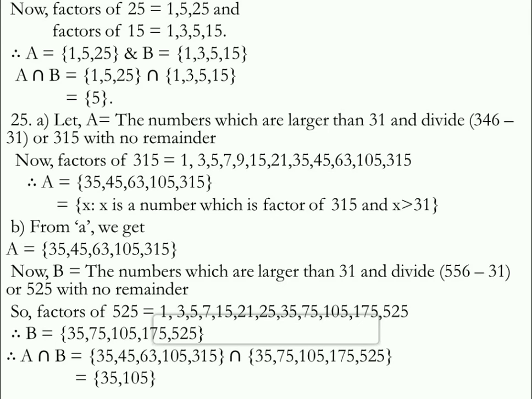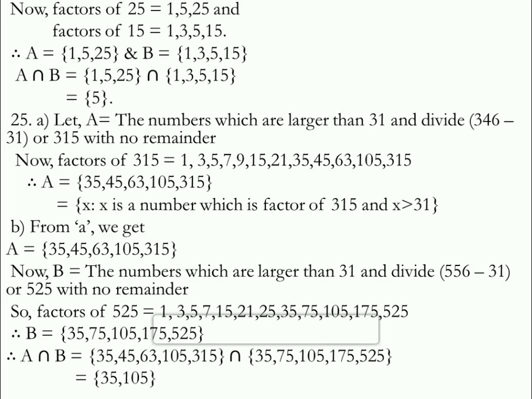Now, as in the question we have to find the intersection, and we have found set A and set B. We already know the rules to find the intersection. Just write the two sets, and there are only two elements common between them, that is 35 and 105. So that completes the B portion.